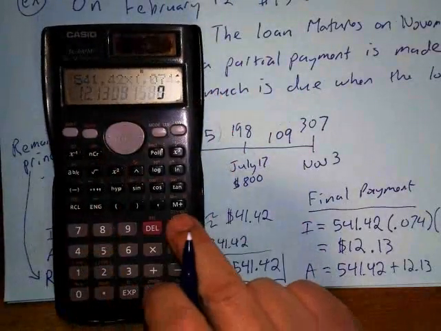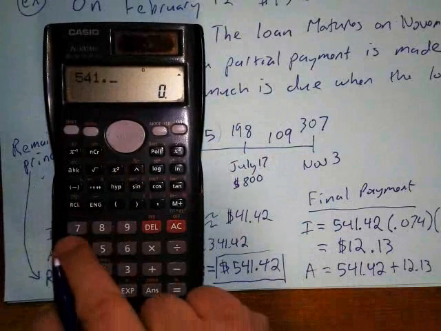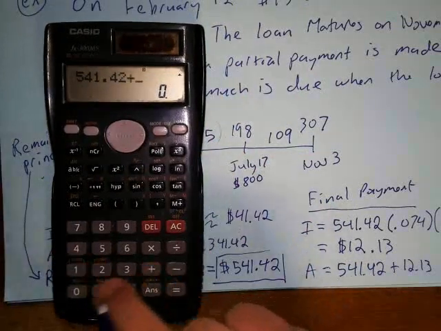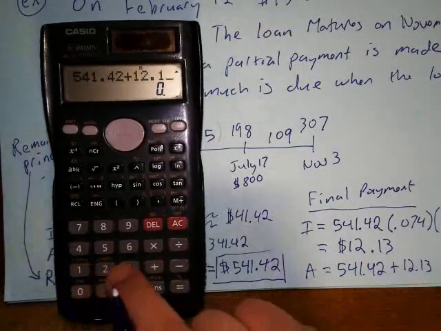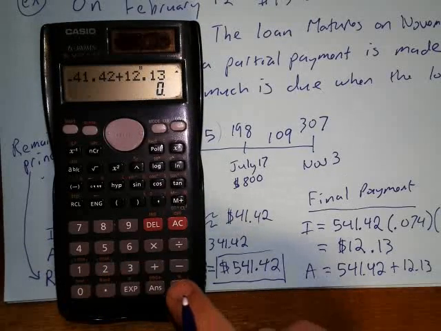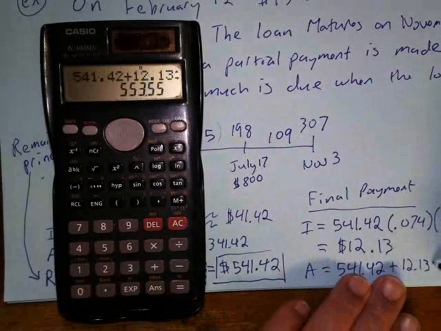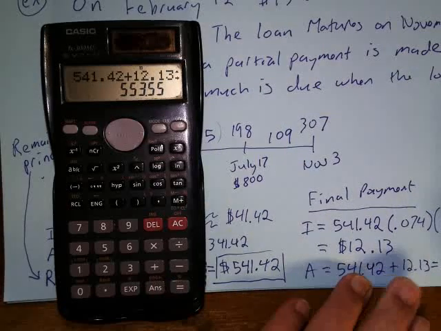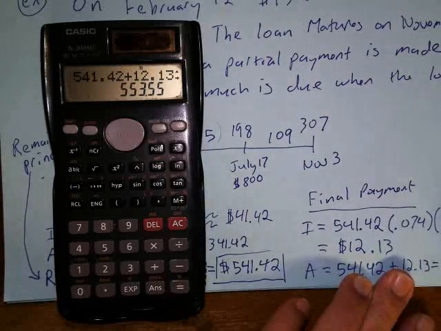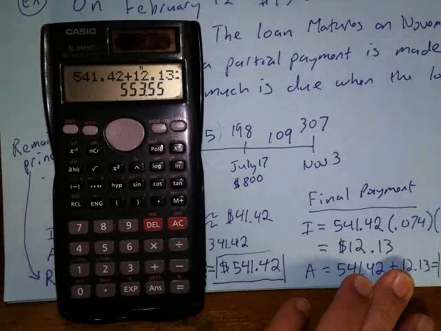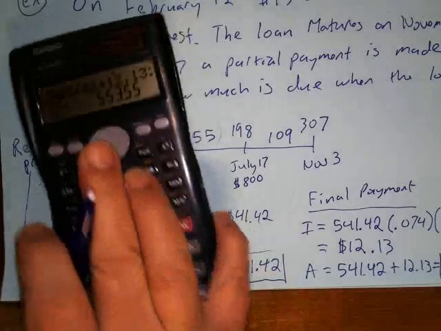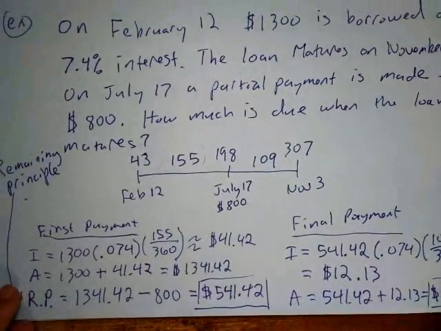So 541.42 plus $12.13, and I get $553.55, and that is the final answer to the question. That's how much I owe when the loan matures.